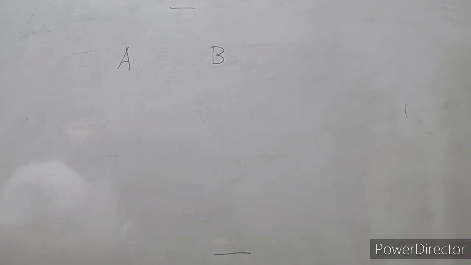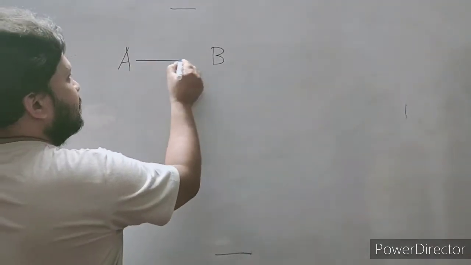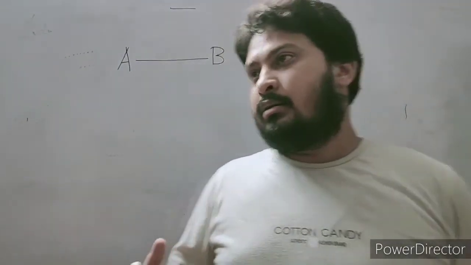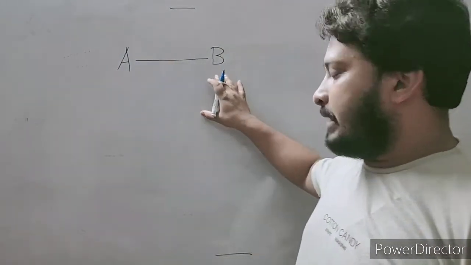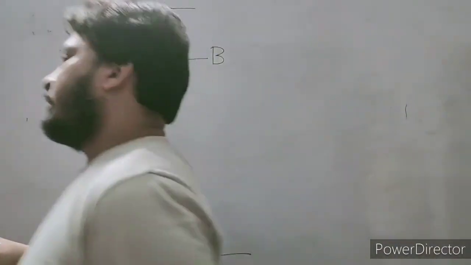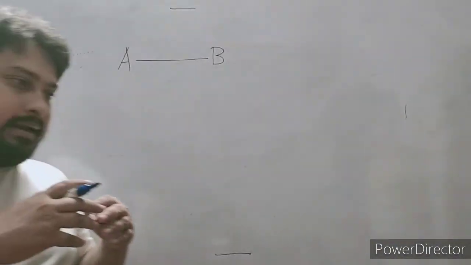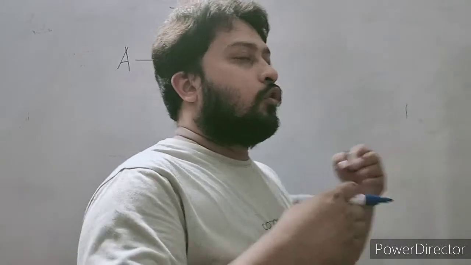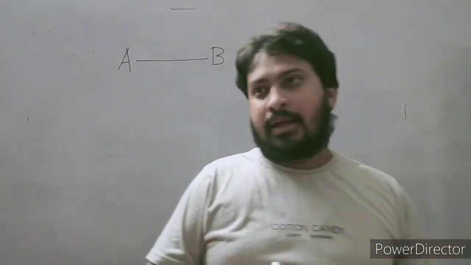There is a bond between them. So A and B are sharing their electrons to form a bond.